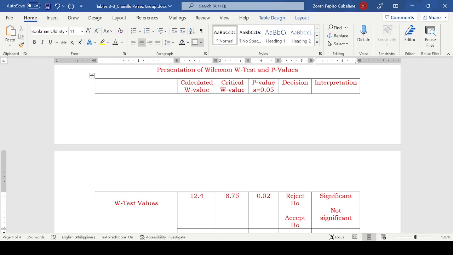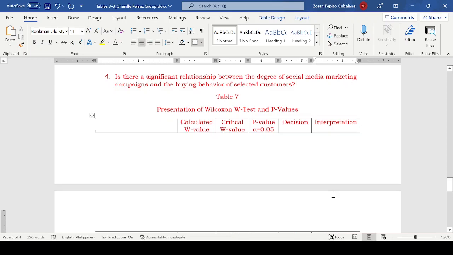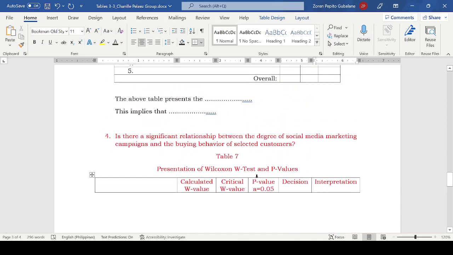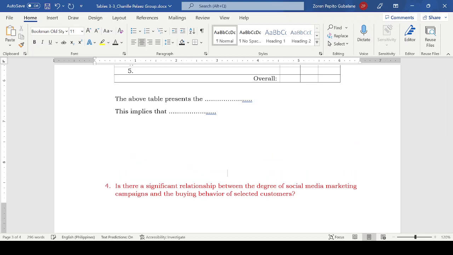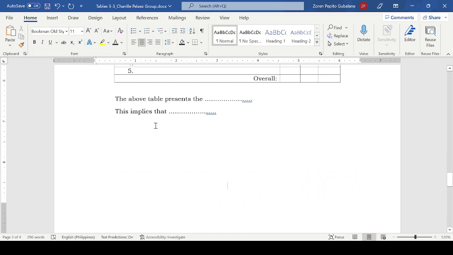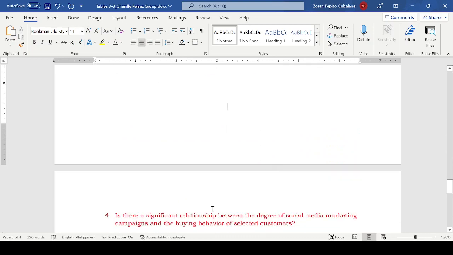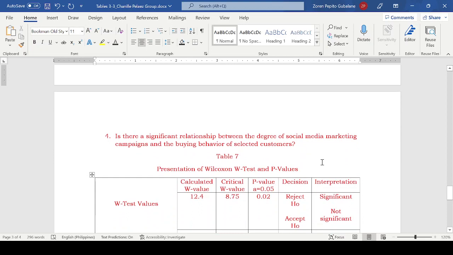Okay, the relationship is significant, or the relationship is not significant. Well, there will be no separate discussion on that, because statistics requires also a little thorough discussion and explanation, right?